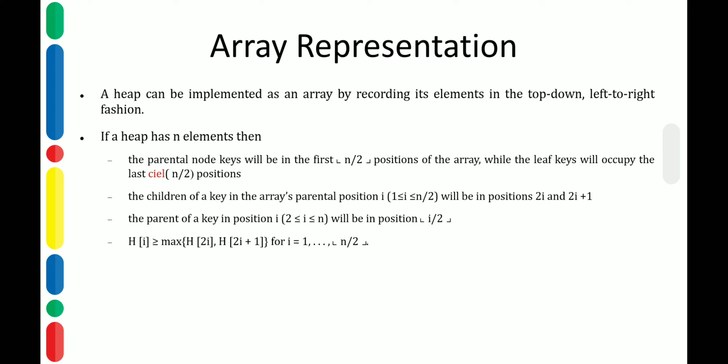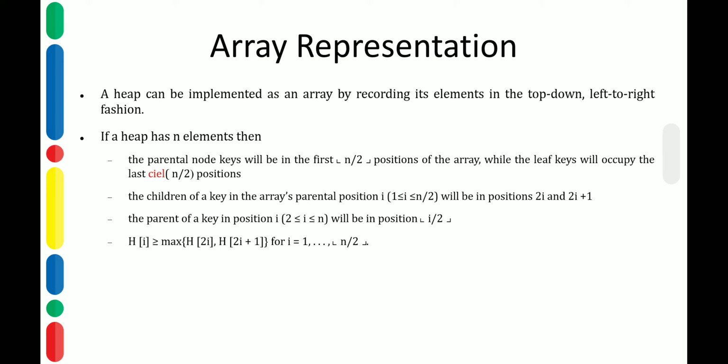Rather than implementing it as a linked list, you can implement it as an array, and there is a particular procedure in which you can store the elements of a heap into an array. You have to record the elements by starting from the top and moving downwards, and similarly starting from the left and moving rightwards in each level.